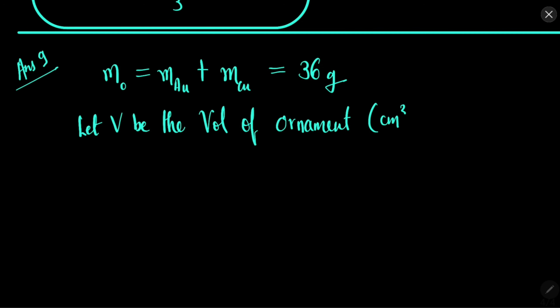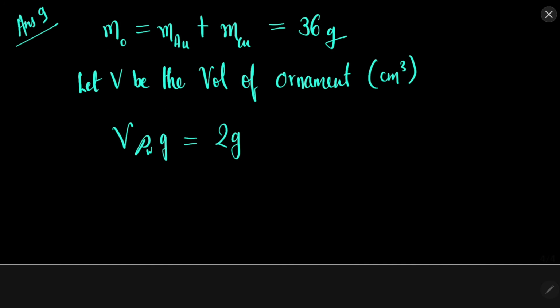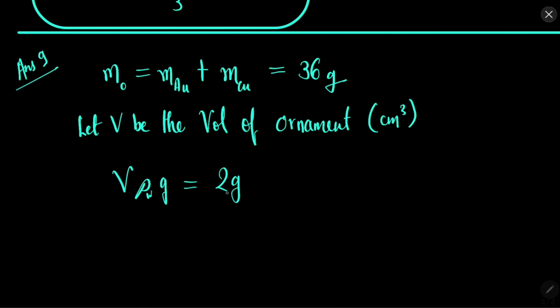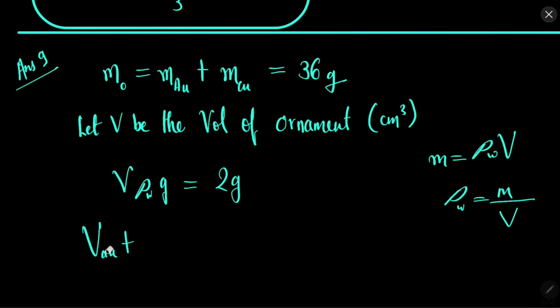Unit is centimeter cube. So V rho W into g equal to 2g. Mass is density into volume, because density is mass upon volume. So volume has two parts, gold part and copper part.